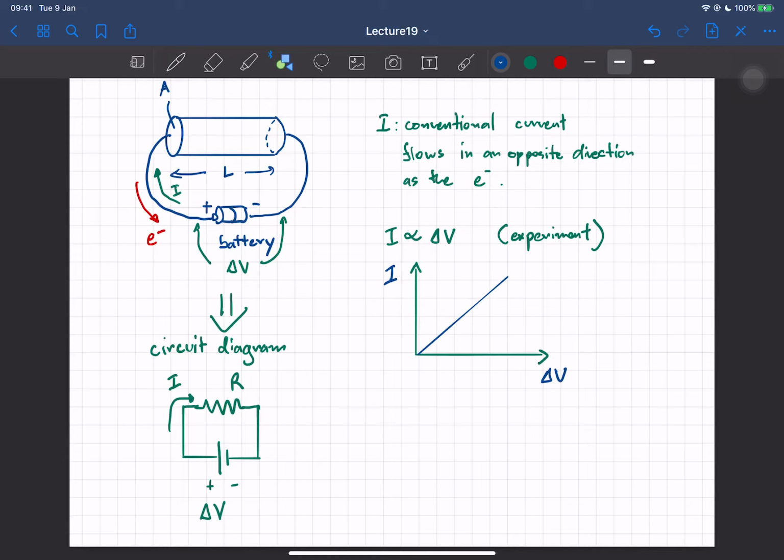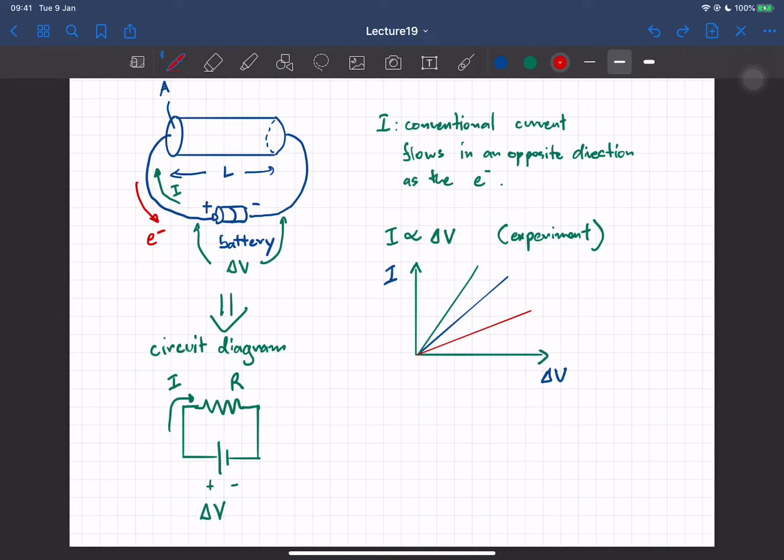If you change the type of material, for example, from aluminum to copper, then you're gonna have also a straight line, but with a different slope, something like this. Or if you take the same material but you cut it in half, or you double the length, or you change the area, you also will have a straight line, but of a different slope. But in any case, when you plot I and V, you always have a straight line.